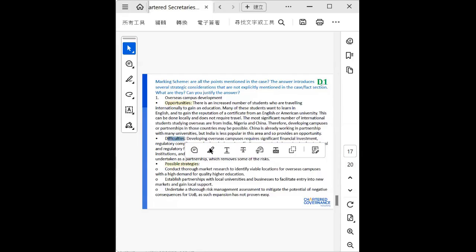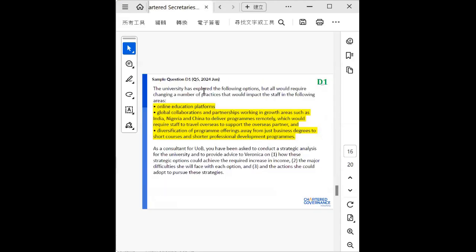So if you just follow what the question is asking, they basically structure your answers already. If you follow this pattern, then probably you will be going in the right direction. Whether you can answer or not is another question, but at least your structure is correct.